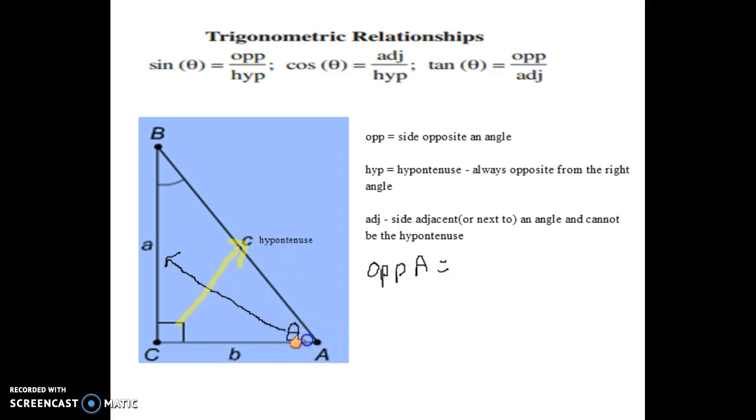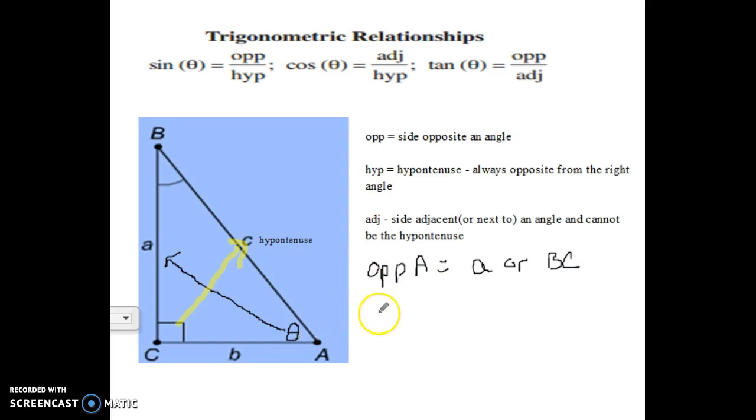So, always opposite the right angle, this longest side is always your hypotenuse. So for angle A, if we call that theta, and look opposite angle A, then opposite angle A is going to be side A, or BC.